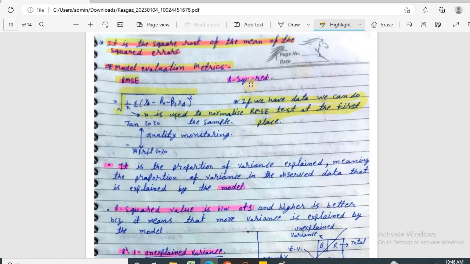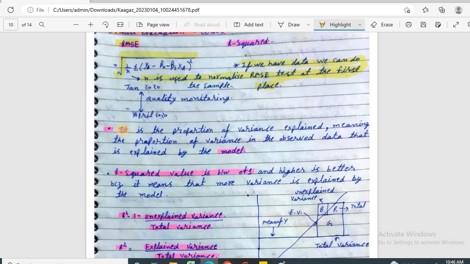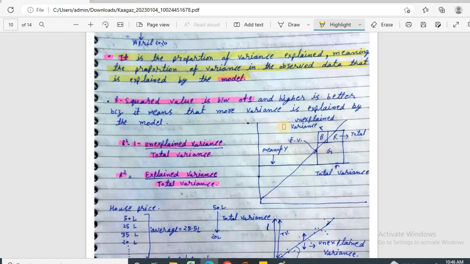Now, what is R squared? It is the proportion of variance explained, meaning the proportion of variance in the observed data that is explained by the model, that is, how much variance our model can explain. No need to look at this diagram, it will be very confusing.